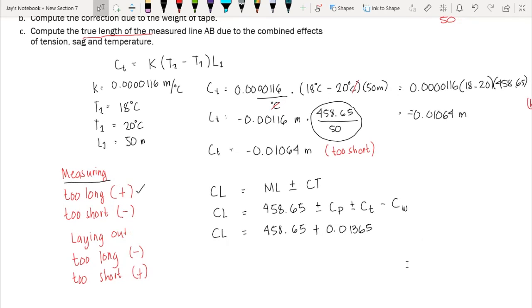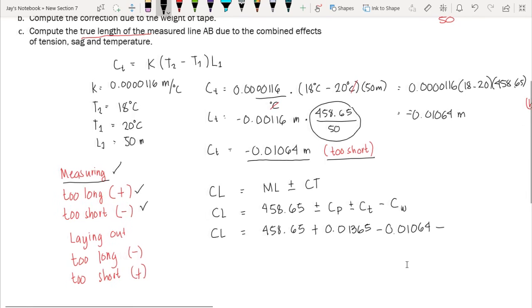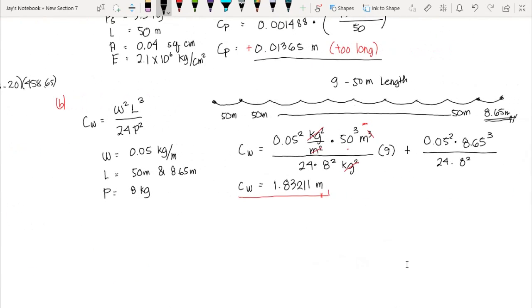Now due to temperature, again we have negative 0.01064 meter, and that is too short. Take note, we are still measuring distance, so that is negative. So we have minus 0.01064, minus the correction due to the sag, which is 1.83211.